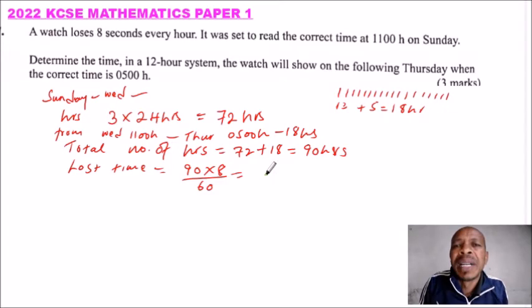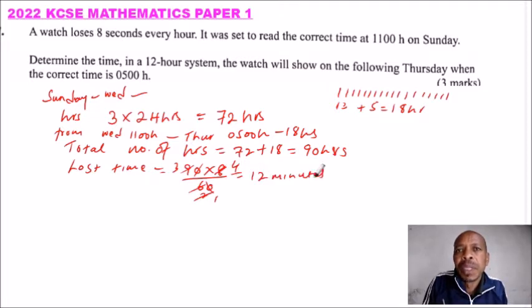When you simplify this, use your calculator, or you can simplify by 3 is 2, by 3 is 3, here we get 4. So these are 12 minutes. So if the correct time was 05:00 hours, which is the same as 5:00 a.m., you subtract 12 minutes.